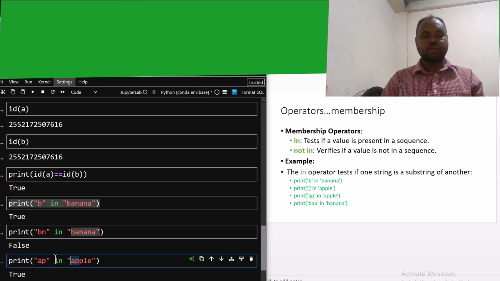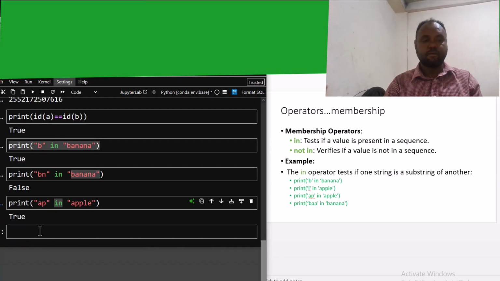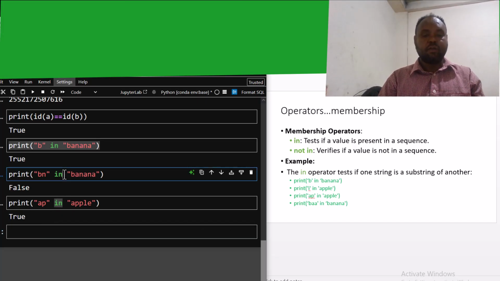Therefore, the in operator checks whether a string is a substring of another string. Not is nothing but the inverse of that, right? If I make this not in, this false will become true. Yes.